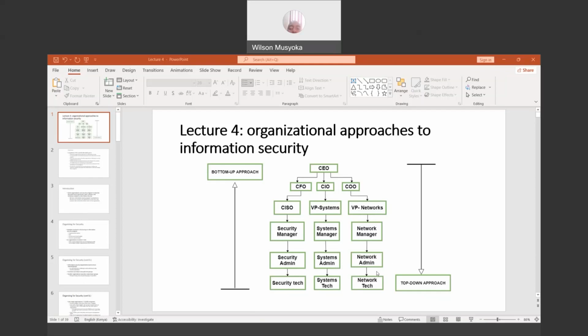And the only way for an information security program to work is by getting every manager, every branch, every department and employee in agreement with the company-wide plan.